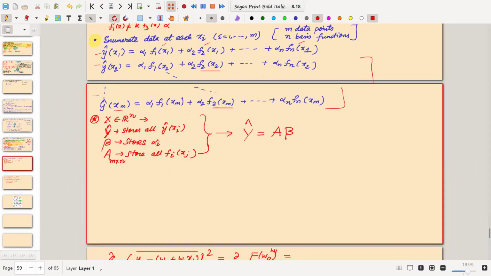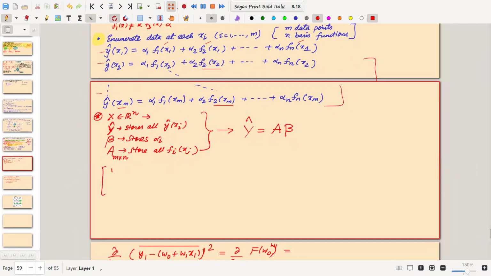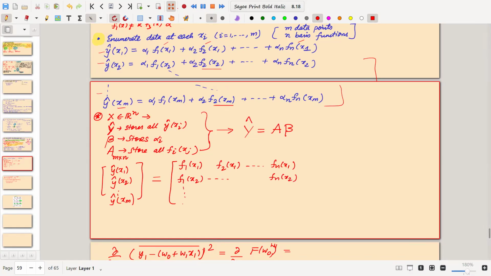So what I'm trying to do here is write it like this: y cap of x1, y cap of x2, and so on up to y cap of xm. This vector is equal to the matrix with f1(x1), f2(x1), fn(x1), then f1(x2), fn(x2), up to f1(xm), fn(xm).